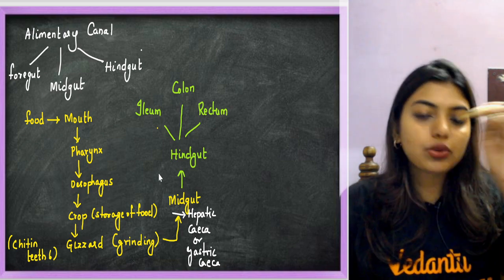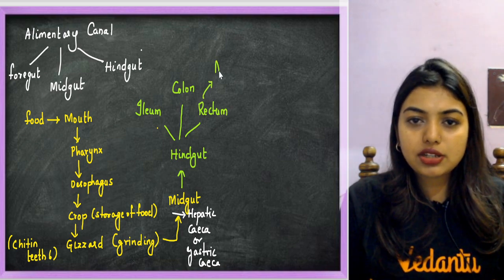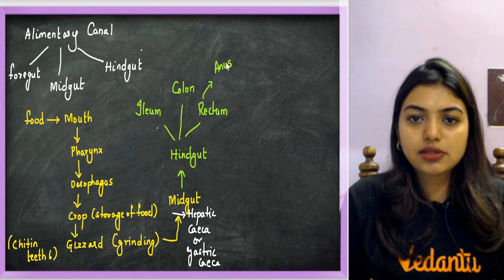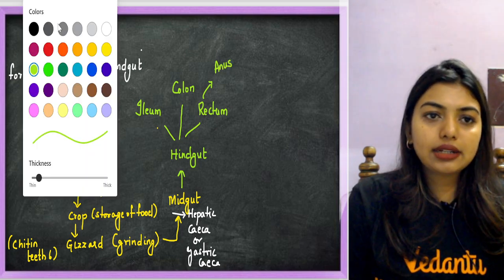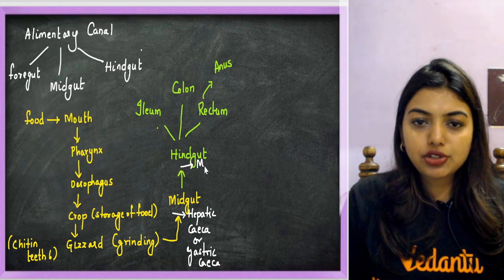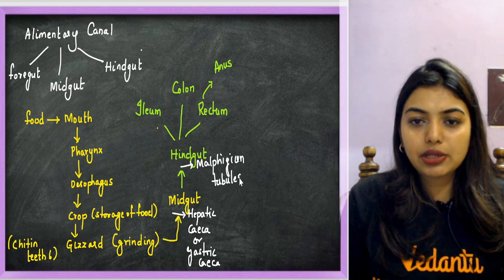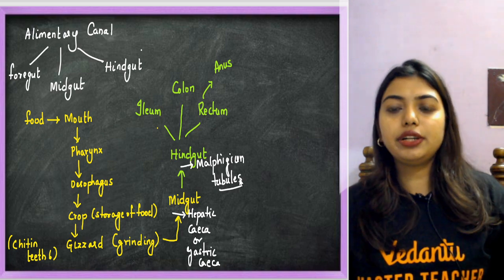So here you remember ICR. Now from the rectum, the undigested food will go out through the anus. Between the hindgut and the midgut, you have Malpighian tubules. There can't be a better flowchart, so use this flowchart to learn this properly. Got it?